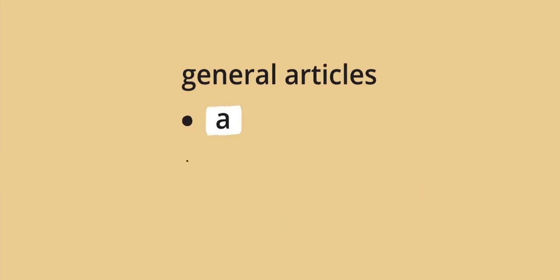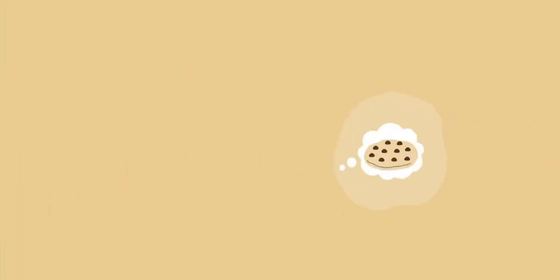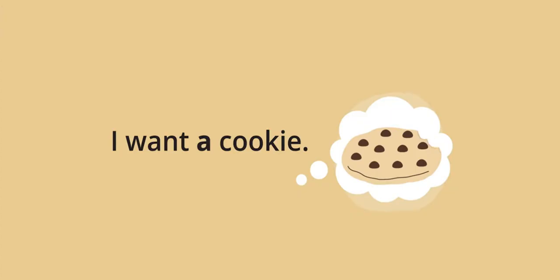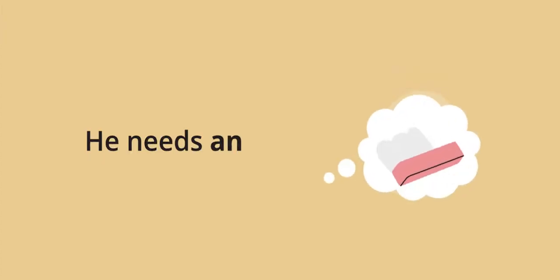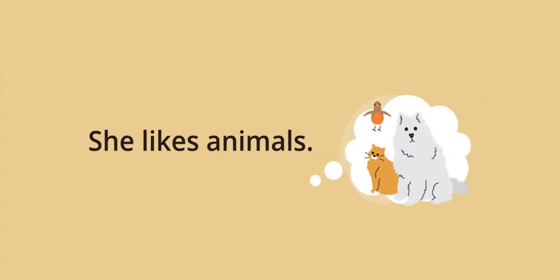We use a, an, or no article with general nouns. For example, I want a cookie. He needs an eraser. She likes animals.